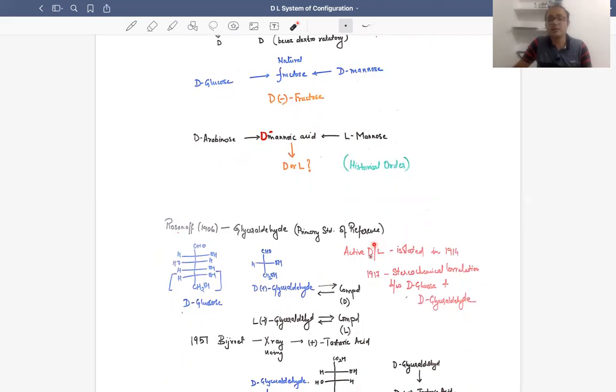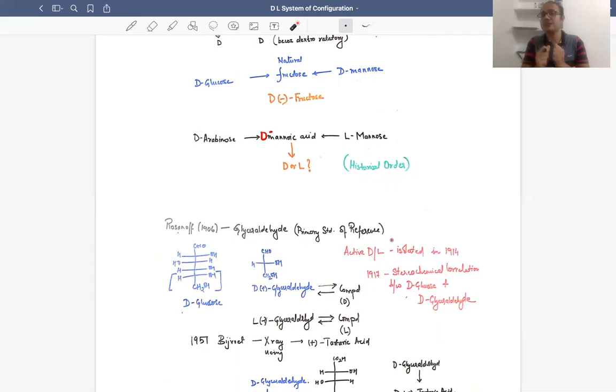We knew glyceraldehyde, we knew the molecular formula and the general structure of glyceraldehyde, but we still hadn't separated the D and L form, or the dextro and the levo form of the glyceraldehyde.